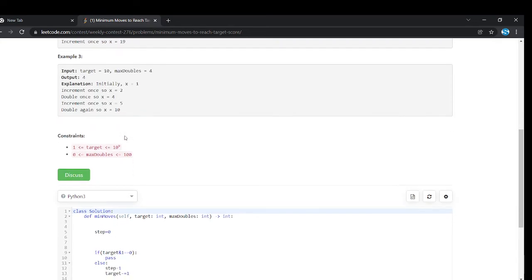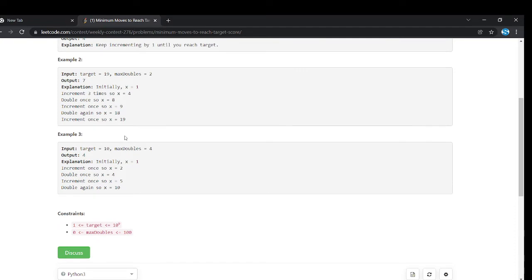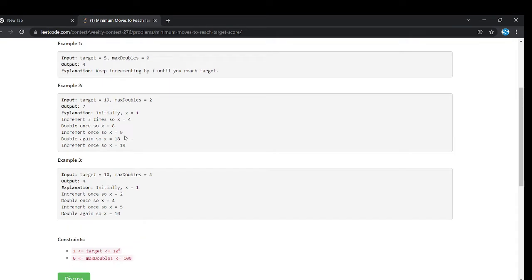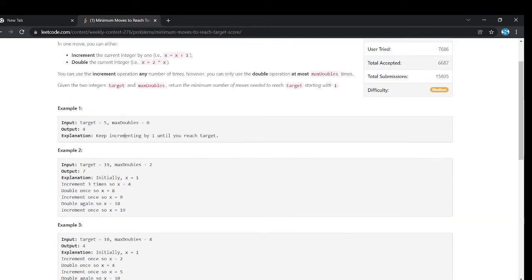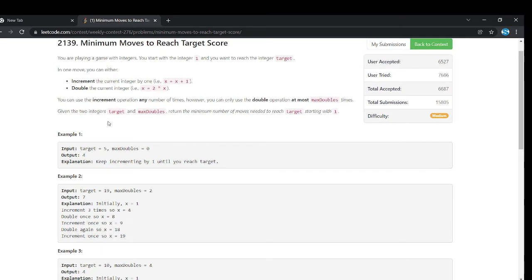Okay, so now what we can do is, instead of going from 1 to the target, we can do a reverse logic here. We can actually start with the target value and try to reach 1. For that, we are going to make a change in two things.